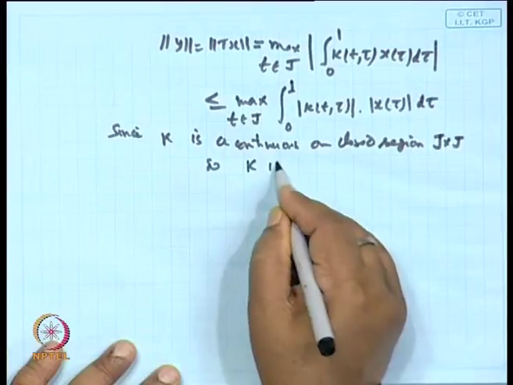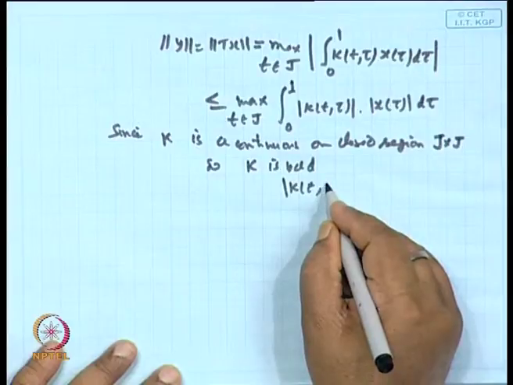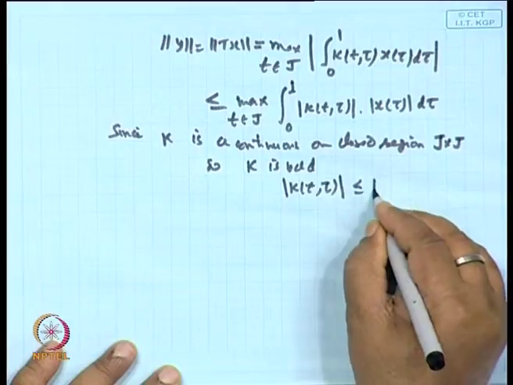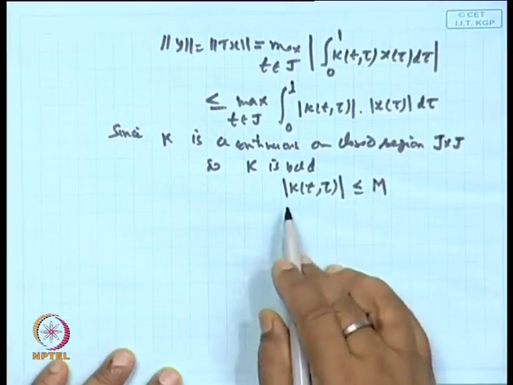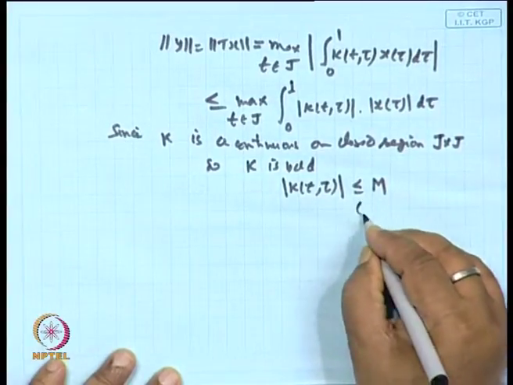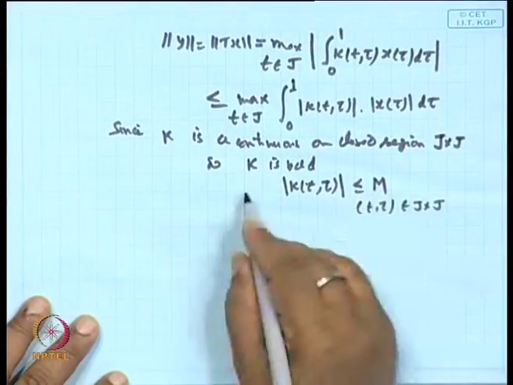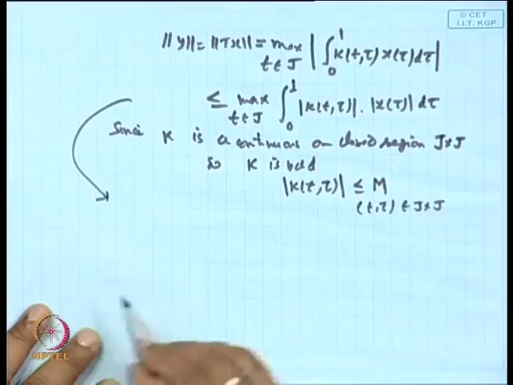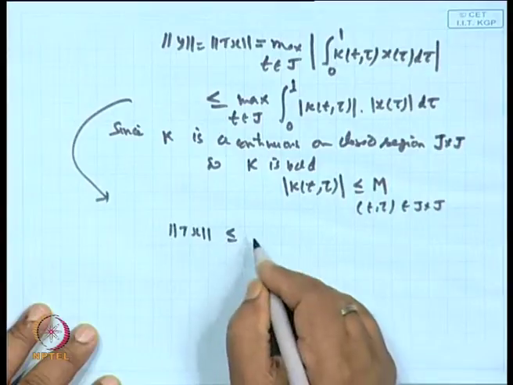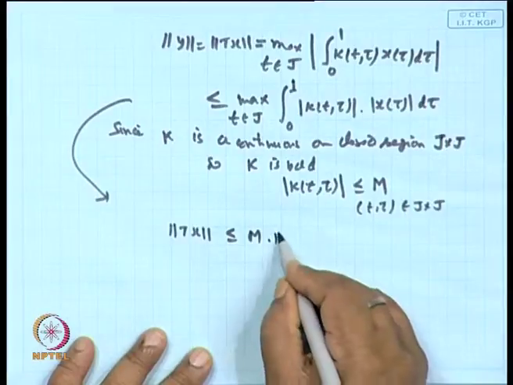K is bounded means we can find a positive number, say M, so that mod of k(t, tau) is less than or equal to M for all (t, tau) belonging to the region J cross J. Hence, the norm of Tx is less than or equal to M times the maximum of mod x(t), which is the norm of x.